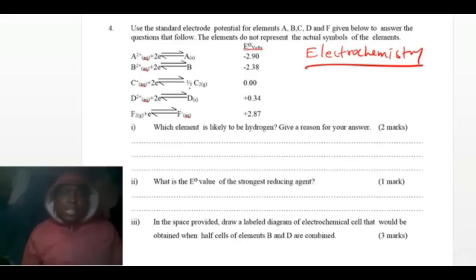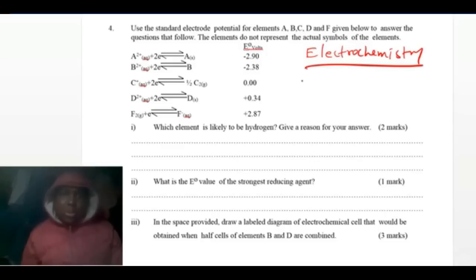When you see C is 0.00, that one is our reference, and we know our reference electrode is hydrogen. And then you need to know that the more negative, the more the reducing agent.